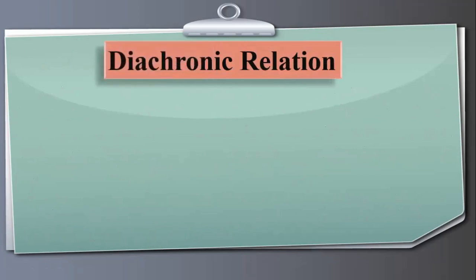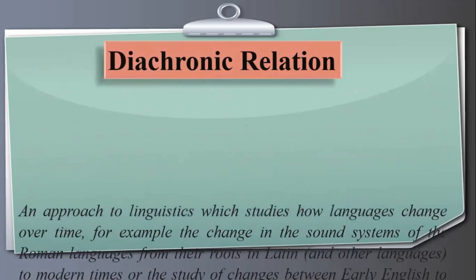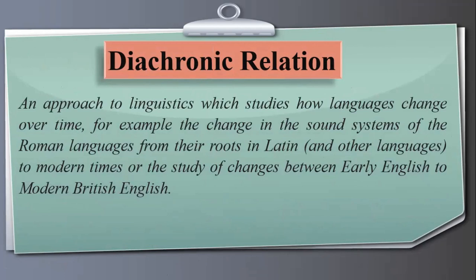Again, we are making the diachronic relation more understandable from the definition in Longman's Dictionary of Language Teaching and Applied Linguistics. According to this dictionary, it is an approach to linguistics which studies how languages change over time.